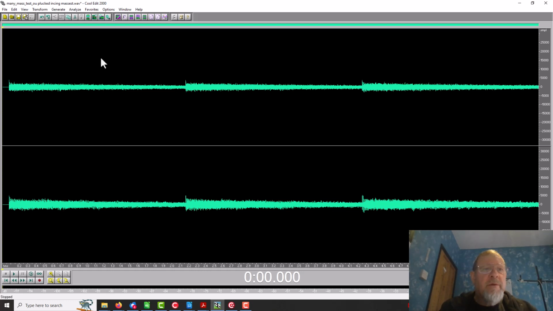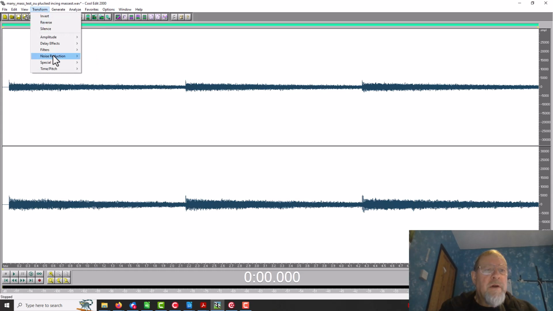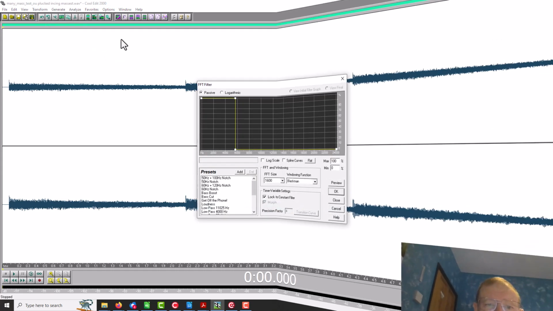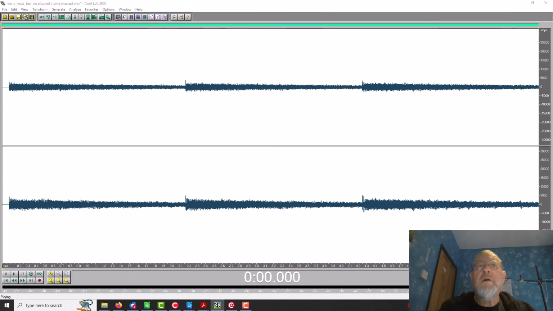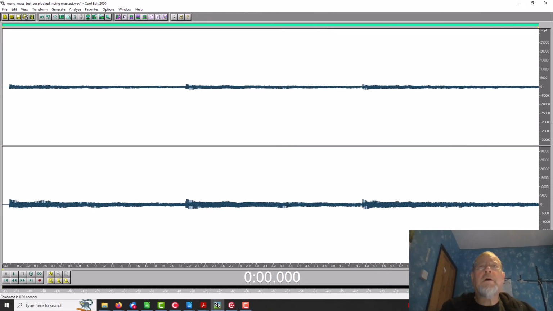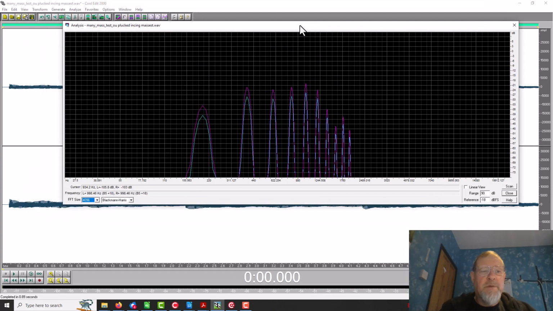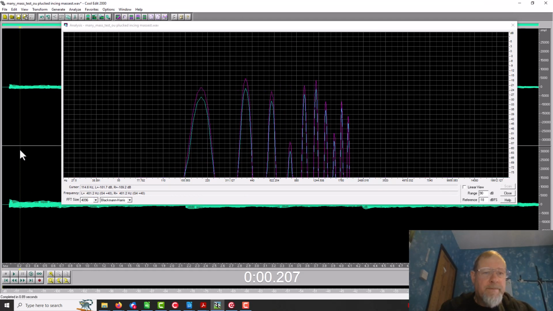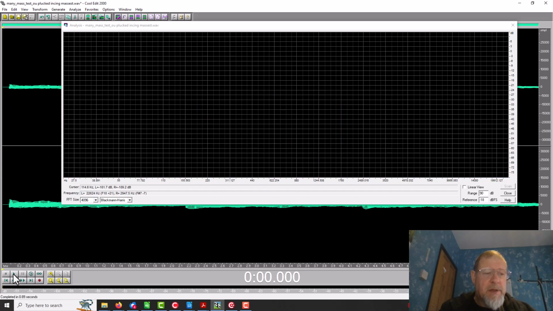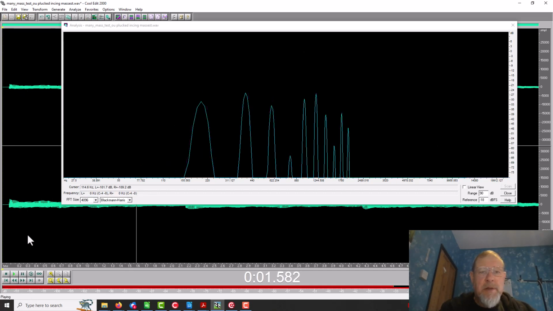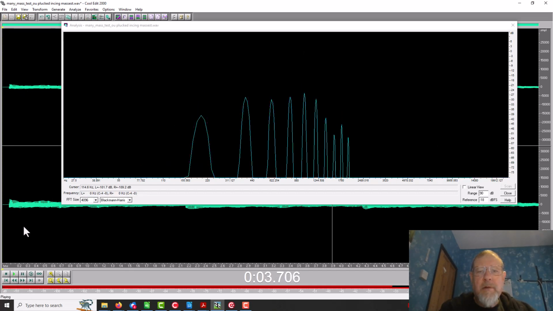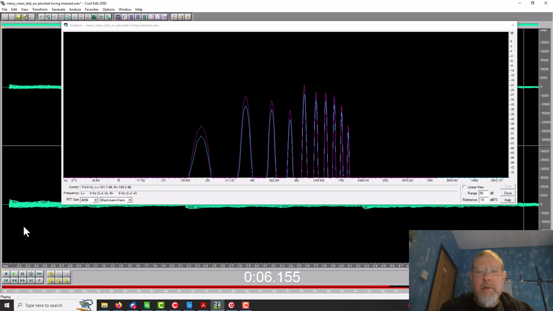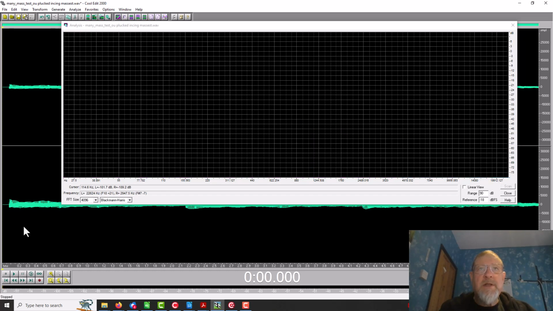So we will set up a filter. Okay, and have a look at the spectrum as well, shall we? Well, we'll play this. I think that sounds okay.